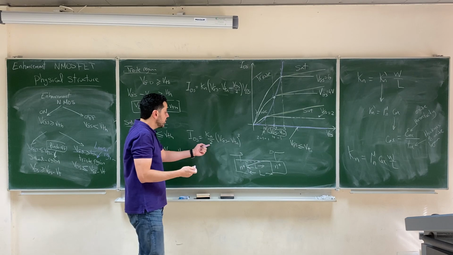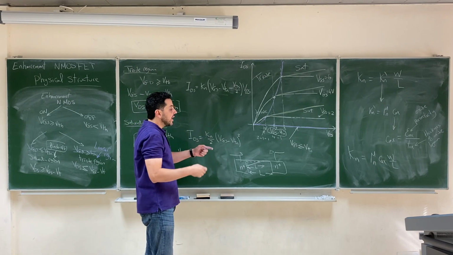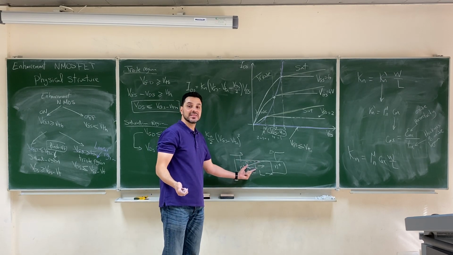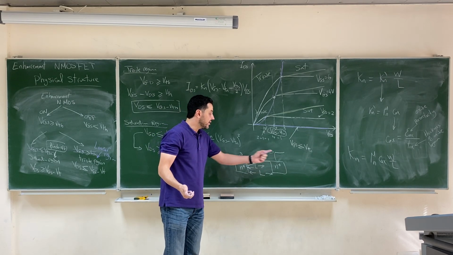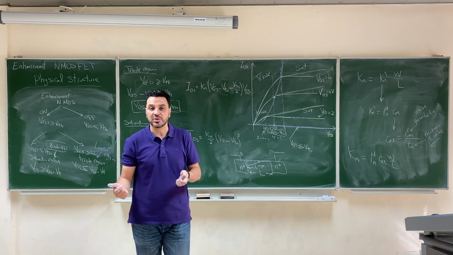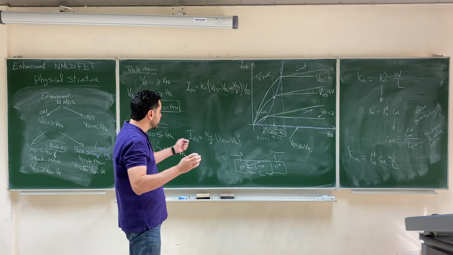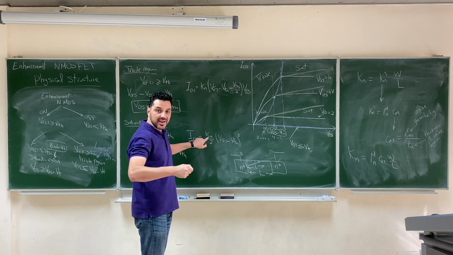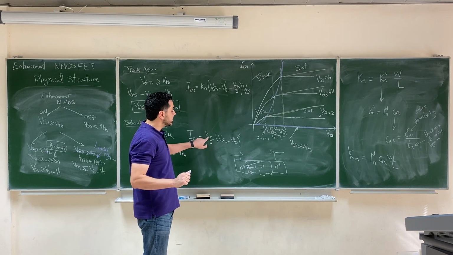However, in the equation, we use the whole length to make it easy, because it's very difficult to measure the length of the channel under a certain voltage of VD. If we could use the actual L here, this would give us the exact equation.